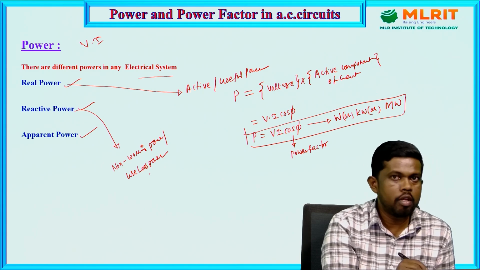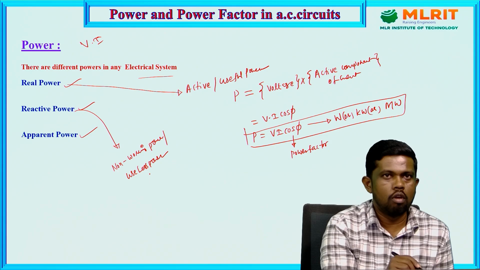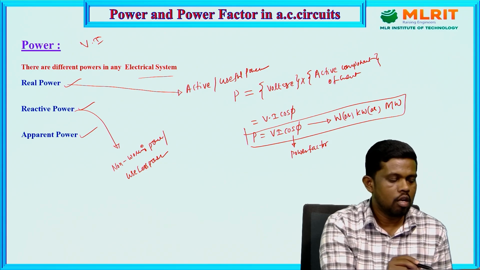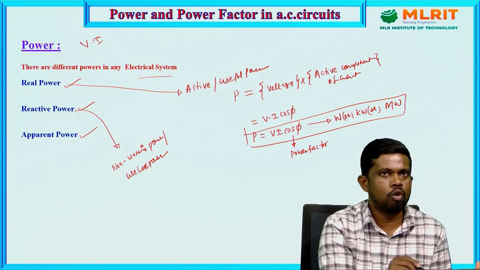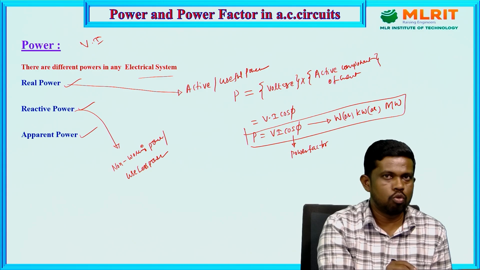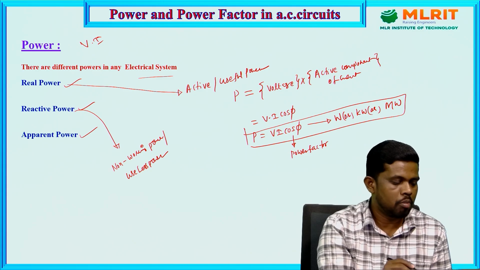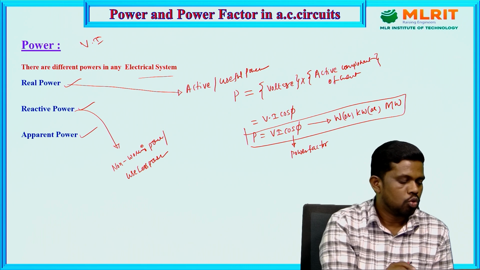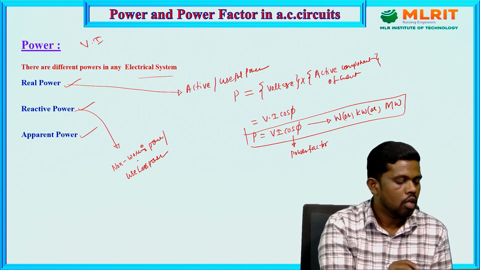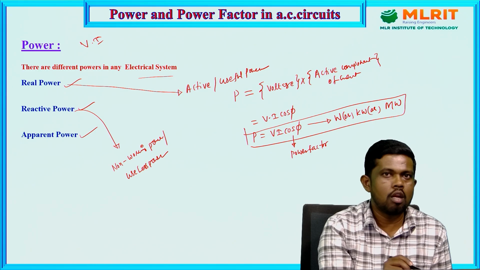This kind of power doesn't produce any kind of heat or work. It doesn't light a bulb or give mechanical motion to a fan or any mechanical functioning. Due to that, this one is called reactive or non-working power.